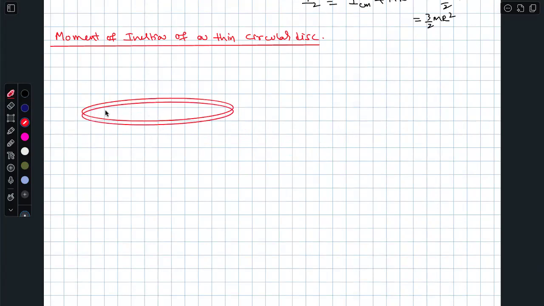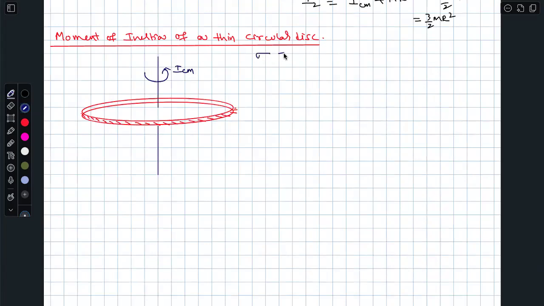Right. You can imagine that this is some circular disc. Now here is the axis that passes through the center. And let the moment of inertia be ICM.